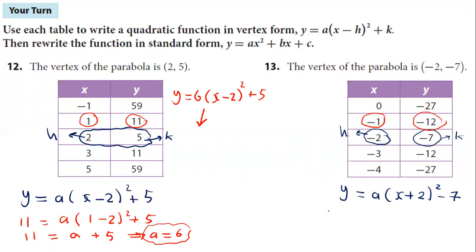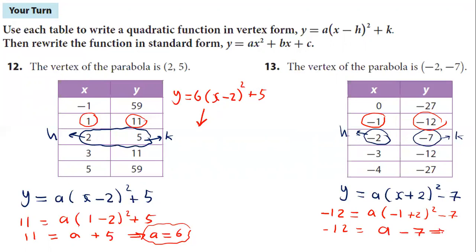So y is negative 12, equals a multiplied by (negative 1 plus 2) squared minus 7. So negative 12 equals: negative 1 plus 2 is 1, 1 squared is 1, 1 multiplied by a is a, minus 7.